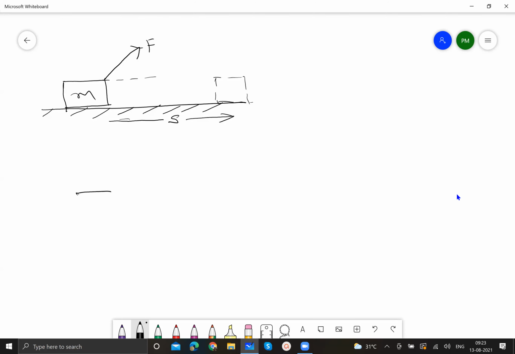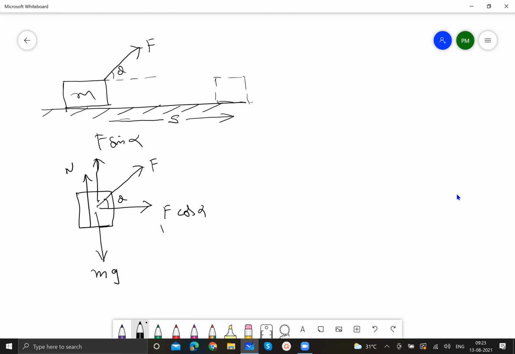So, this is the body. The weight of the block is mg acting in downward direction. Normal reaction. This is F. F cos alpha, angle with horizontal. F sin alpha.